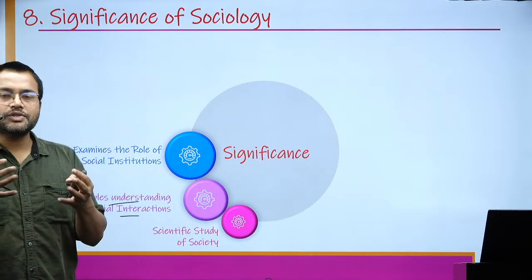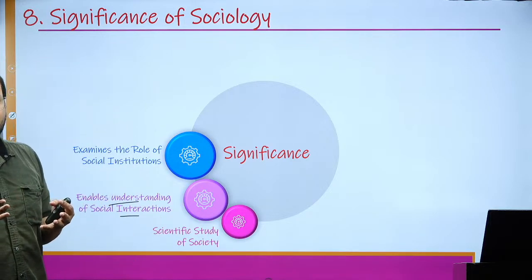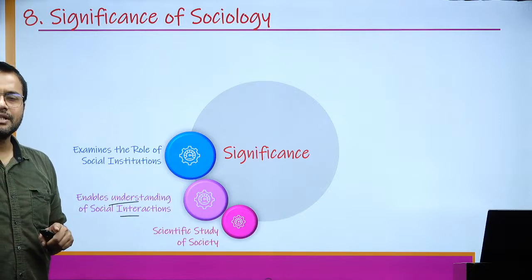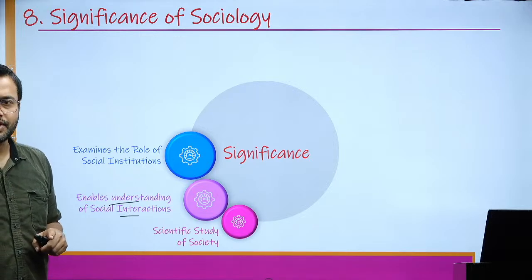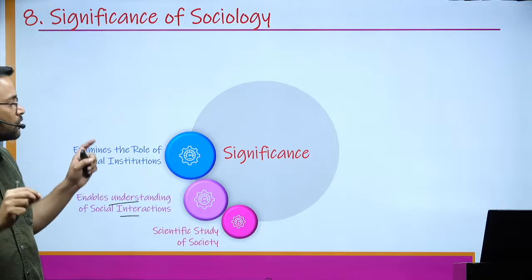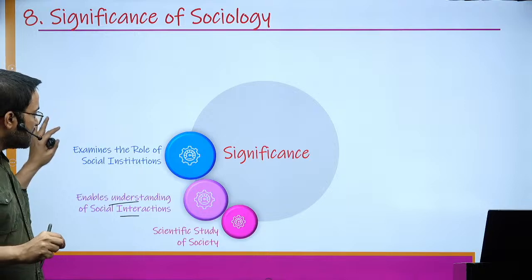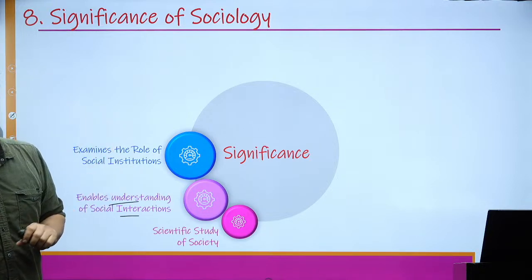The role of education is to create good human capital for society. The role of family is adult personality stabilization and socialization. The role of marriage is procreation, legitimate reproduction, sexual gratification. So you need to understand the role of each and every social institution. This can only be done when you use sociology to study society and social institutions, and what the utility of each is.